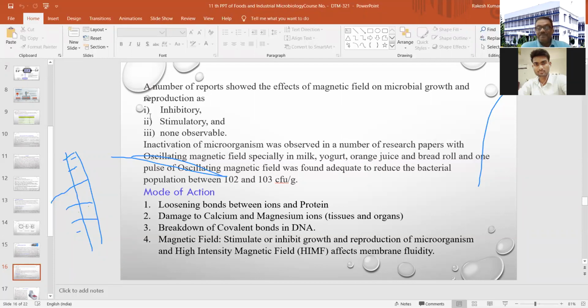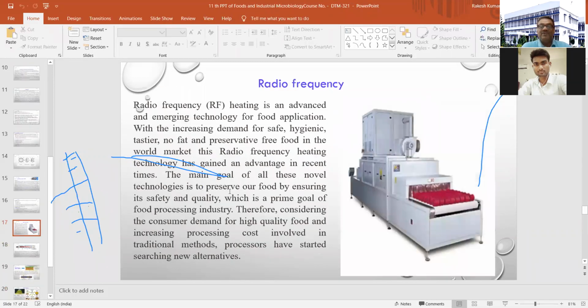So just because of these things, you can inactivate different kinds of microorganisms.